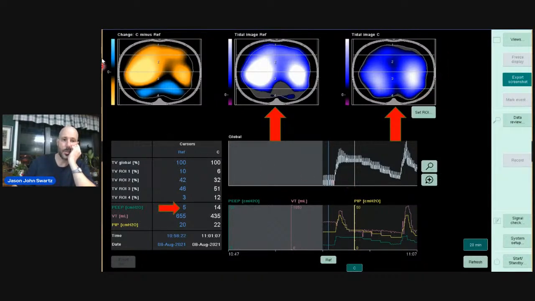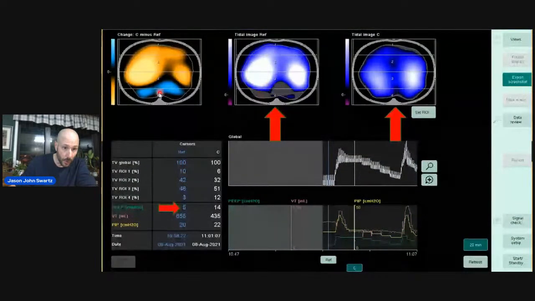With this, we have a color-coded representation of what's happening here. It's comparing the 5 to the 14 PEEP. This was closed, now it's opened. That means that blue means that compared to here, there's more aeration. So that's why it's blue, okay?